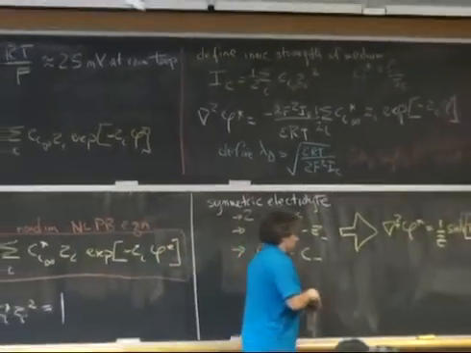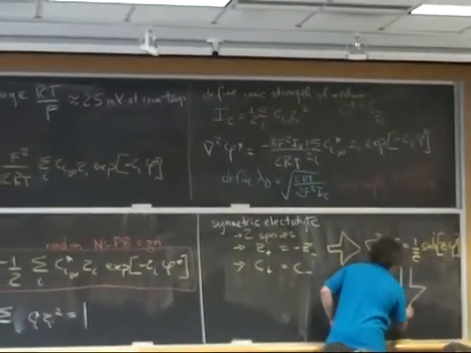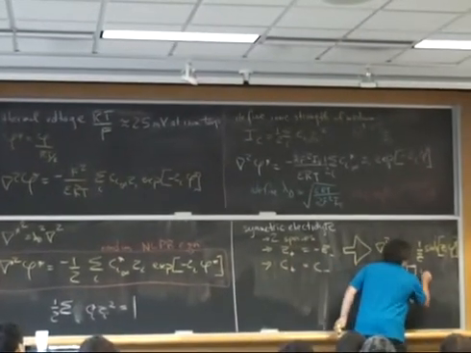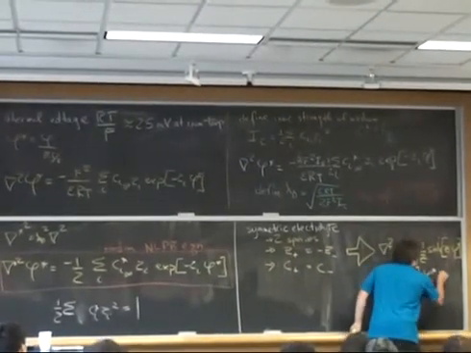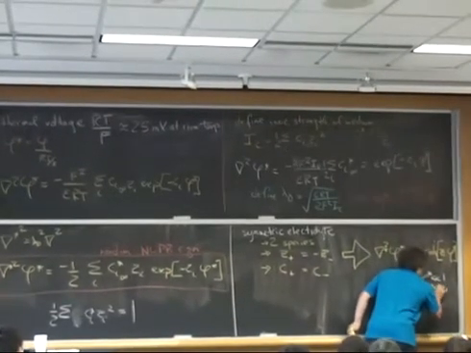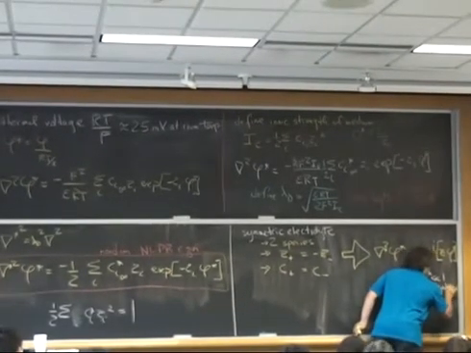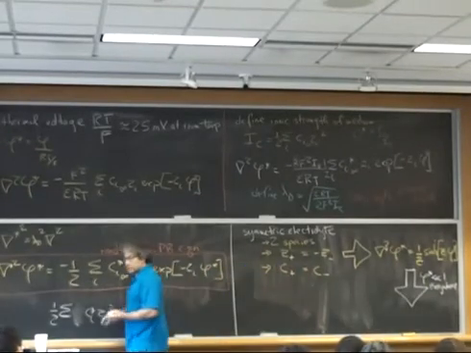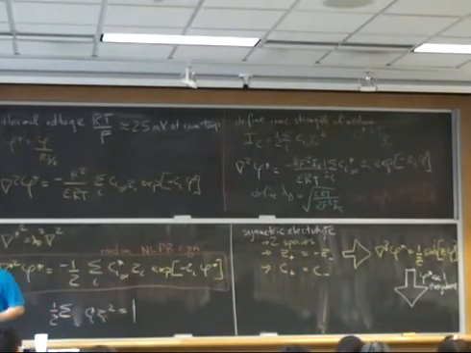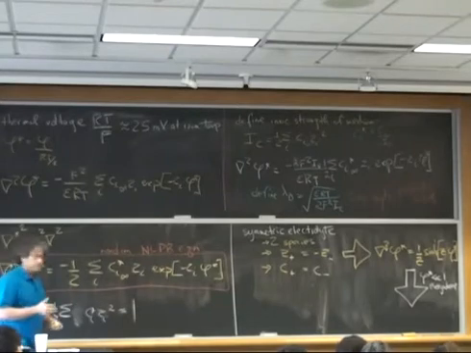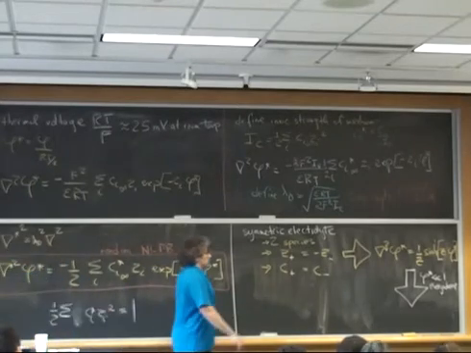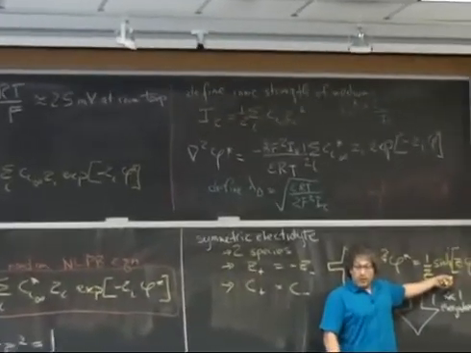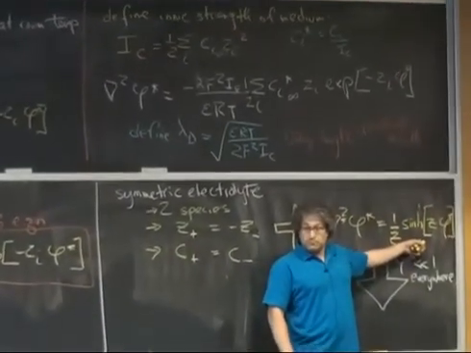I can approximate this further by saying, what if phi star is less than 1 everywhere? What if I have a wall where the surface potential is 1 millivolt? It's very small as compared to 25 millivolts. If this argument is small, what approximation can I make about hyperbolic sine?